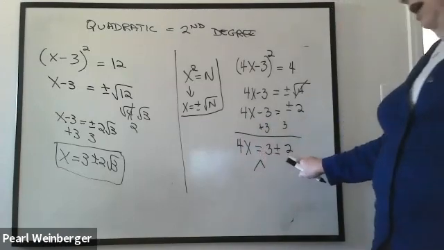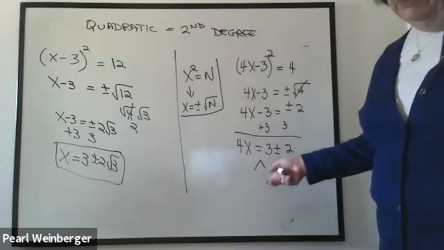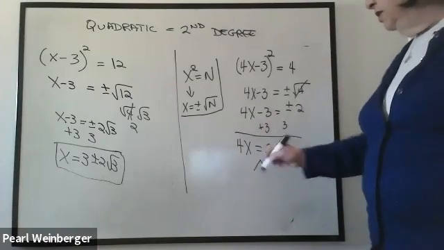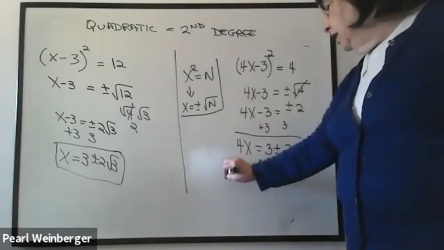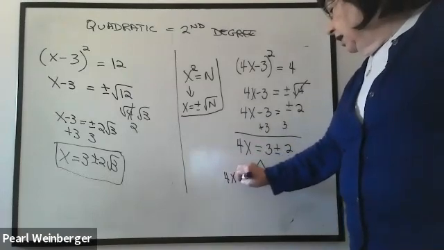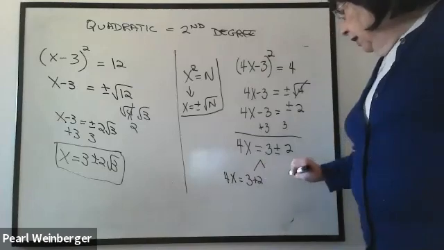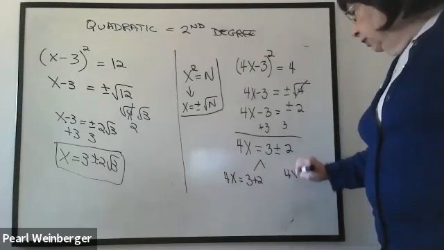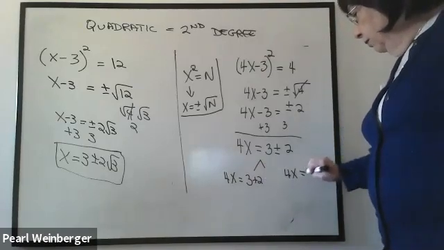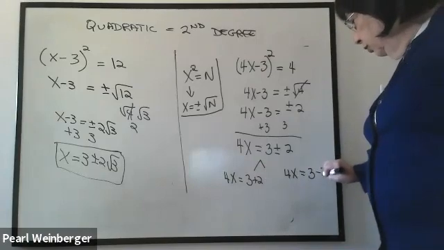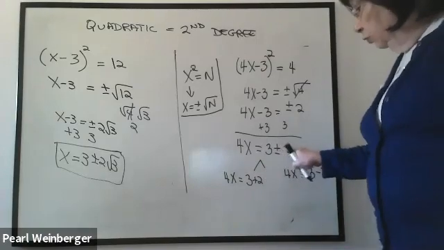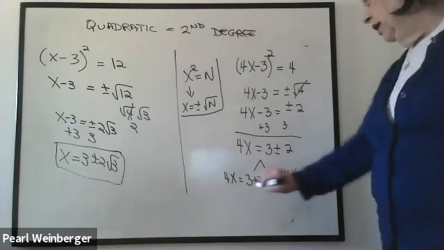If this would have an i or a square root, I wouldn't be able to combine them, and I just leave it like this. But like this, I can combine them. So one answer I'm going to get is 4x equals 3 plus 2, and the other answer I'll get by doing 4x equals 3 minus 2. The plus or minus means once we add it and once we subtract it.